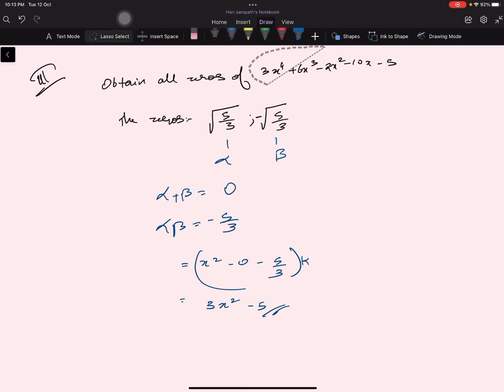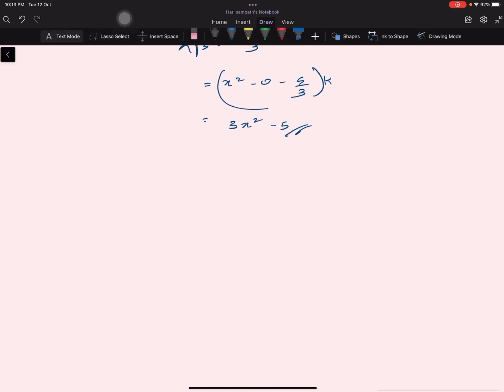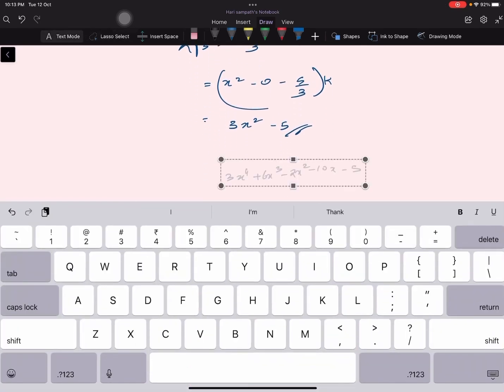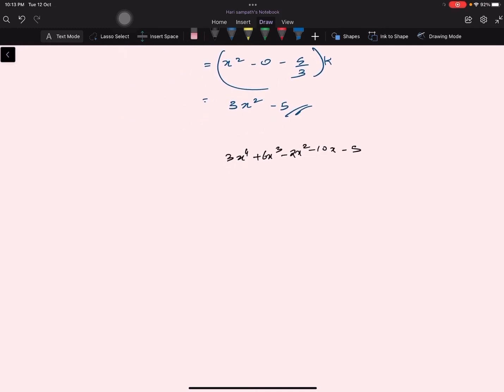So this is the equation we have to divide 3x square minus 5 from. So I'm gonna place this equation right here.